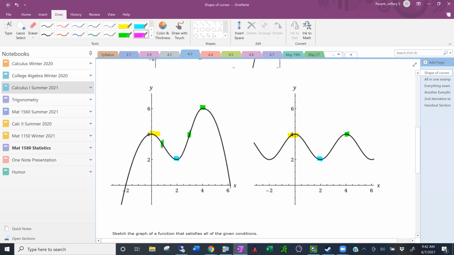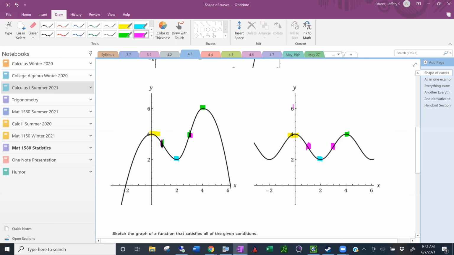That one's still in the running. All right, looks like you got some inflection points here. How about here? Well, we got what could be an inflection point at 1, another one at 3.